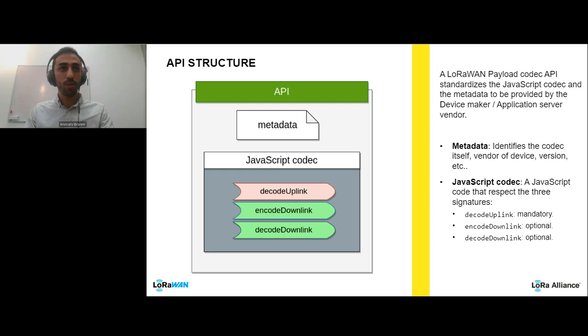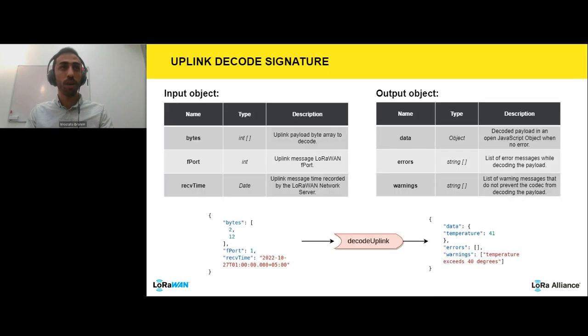So let's start with the decode uplink function signature. Each function, as we said, is described by its input and output. The input and output are JavaScript objects, and inside there are three properties for decode uplink: bytes, fPort, and recvTime.